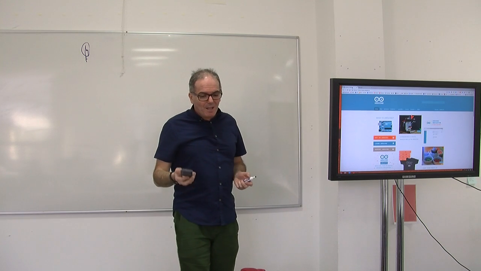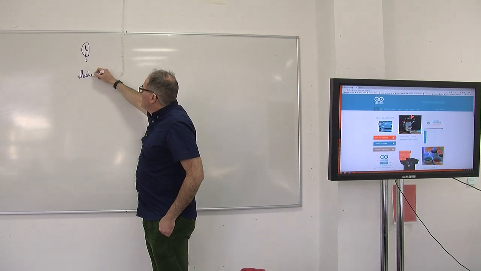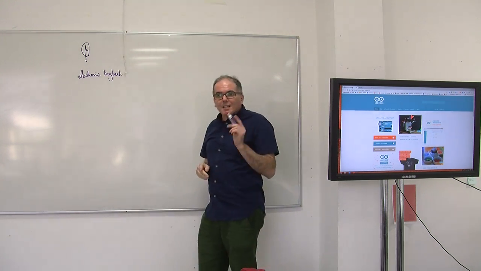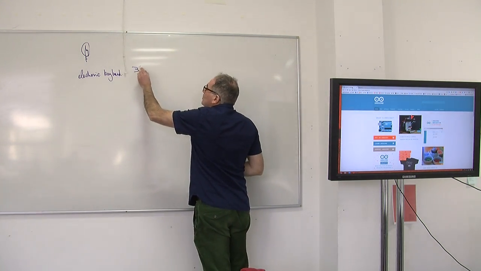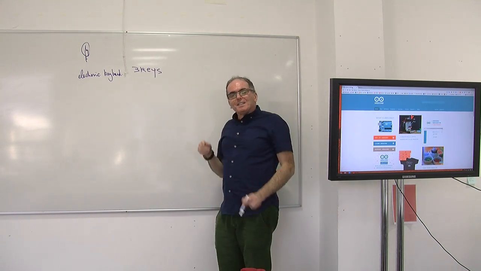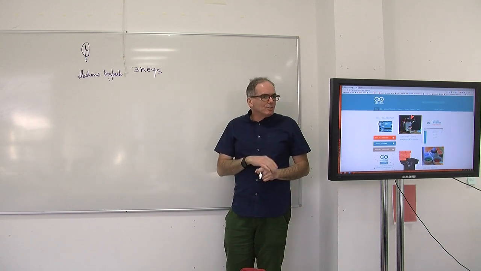I want an electronic keyboard, and I want it to have 3 keys. So I'm going to have a very small keyboard. And I want the pitch to change according to the ambient light.